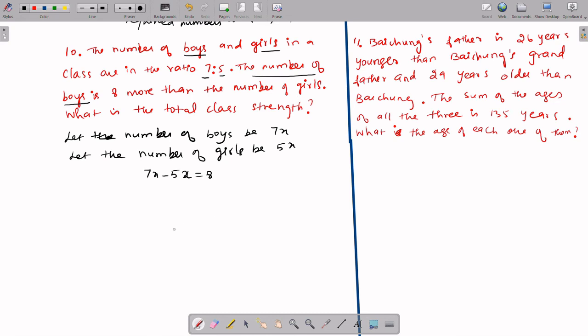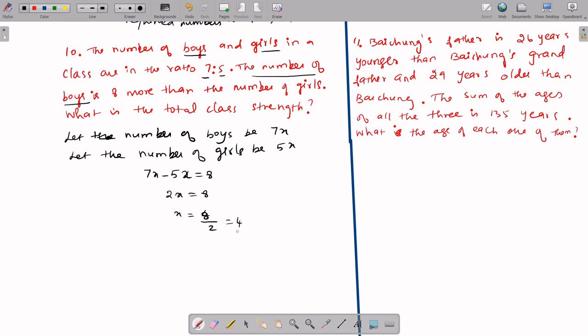That is, the difference between boys and girls is 8, boys being greater in number. So 7x minus 5x is equal to 8, or 2x is equal to 8, or x is equal to 8 by 2, which is equal to 4. x is equal to 4.